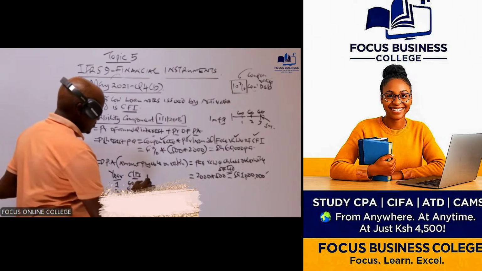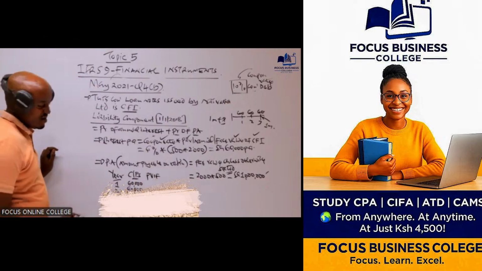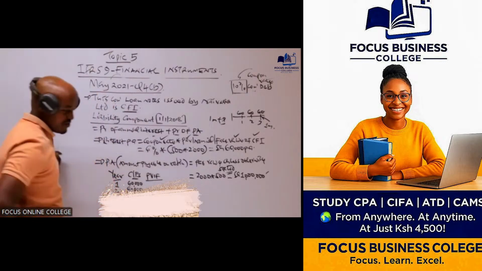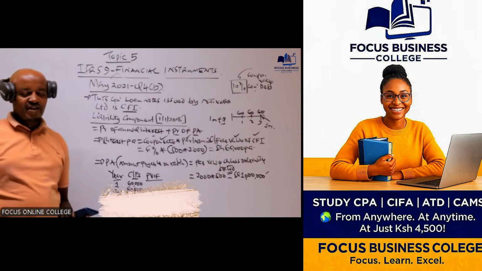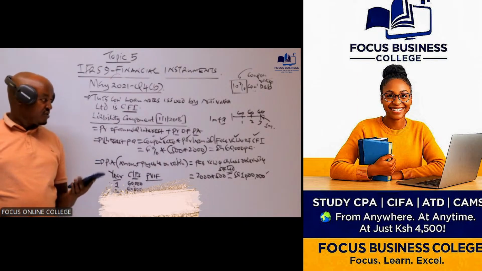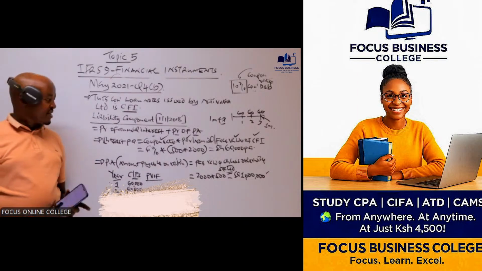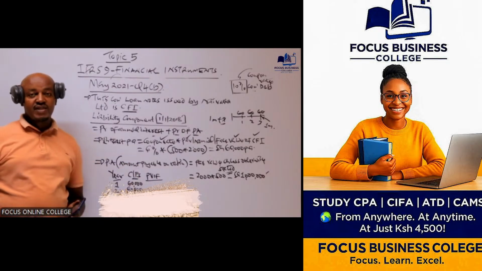To discount this, we need to multiply it with something called the present value interest factor. Which rate are we going to use here? The rate we are going to use is the effective interest rate. If you check that question, we're also given another rate, the coupon rate of 6%.